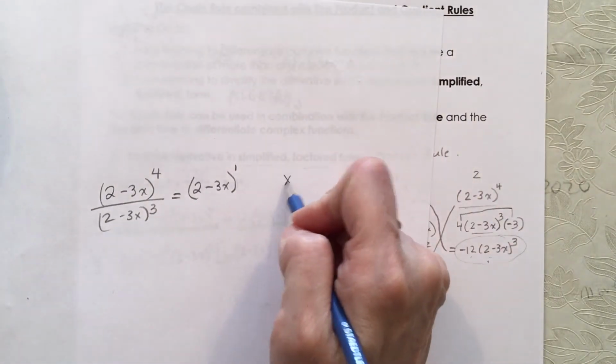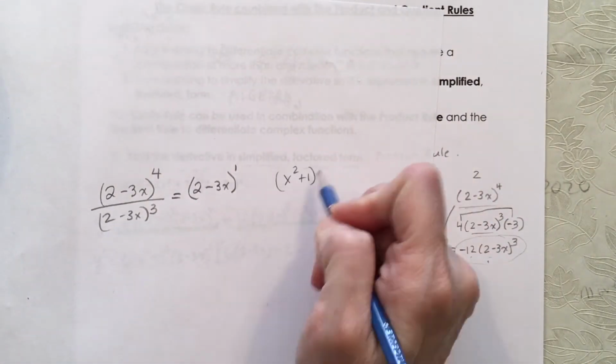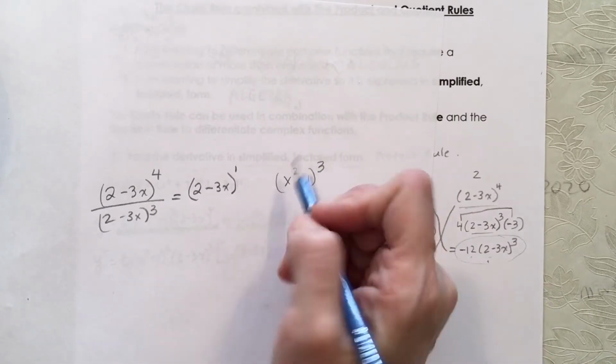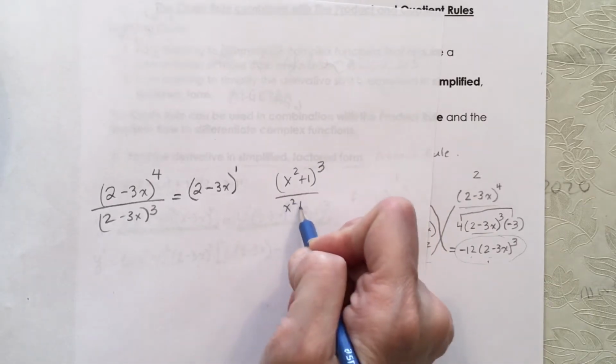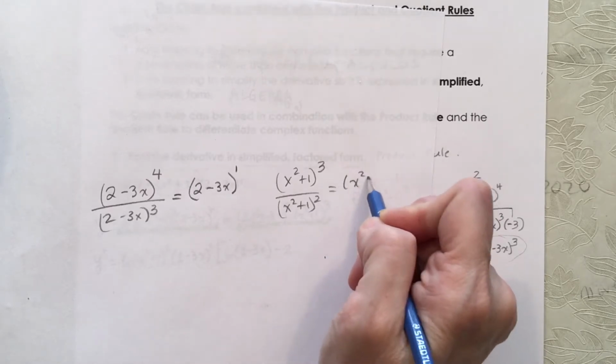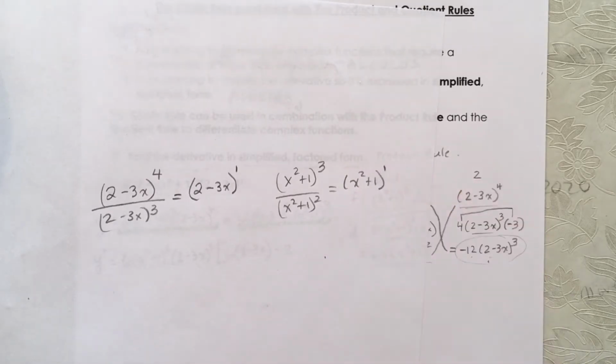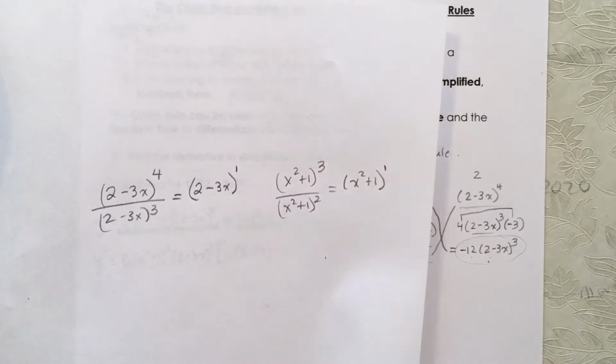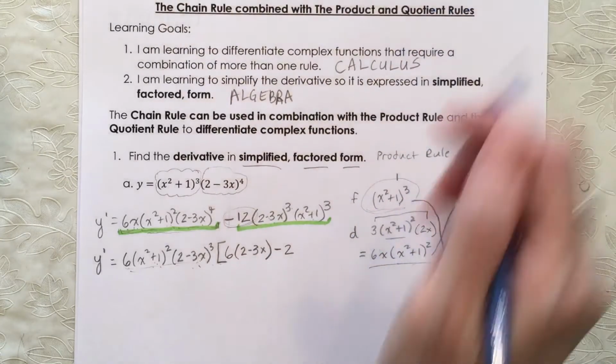So again, similar to this one, that should give me x squared plus 1 to the power of 1. 3 minus 2. Keep the base, subtract the exponents.